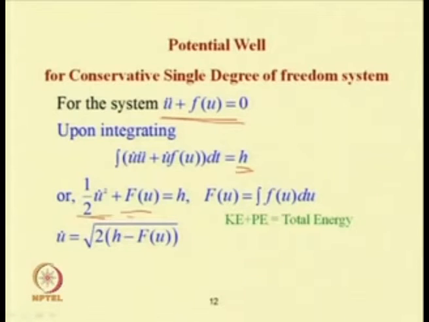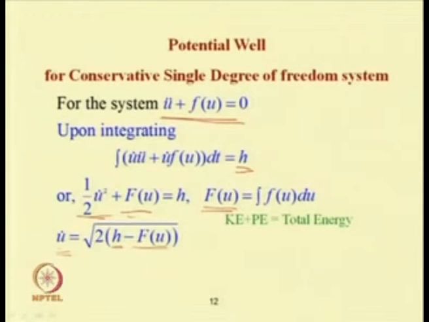So, the potential energy equals the integration of f(u) du, and from this we can write u dot equal to root over 2 times h minus F(u). That means, for a particular total energy, if we know the potential energy of the system, then we can find the velocity of the system.